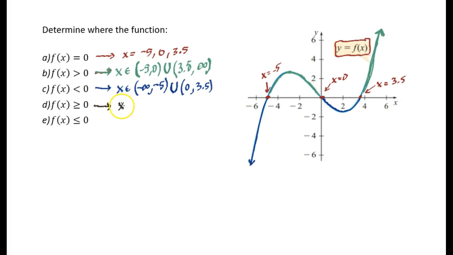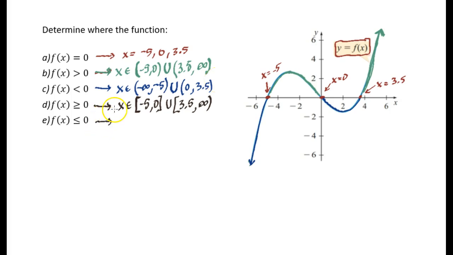So x is in, now -5 would be included with a hard bracket, -5 up to 0, hard bracket, union, hard bracket, 3.5 up to infinity. And infinity always has a soft bracket, because you can never reach infinity. You're always going up forever.